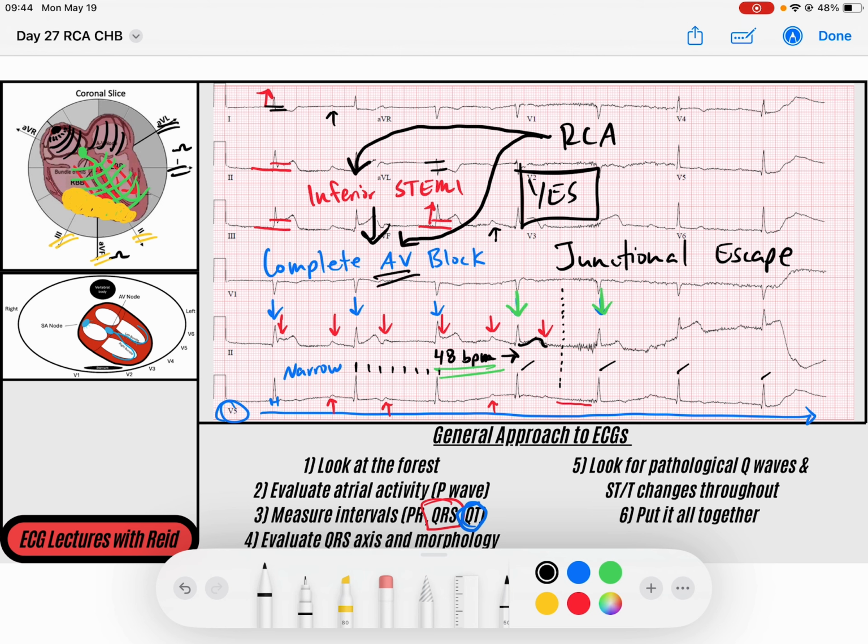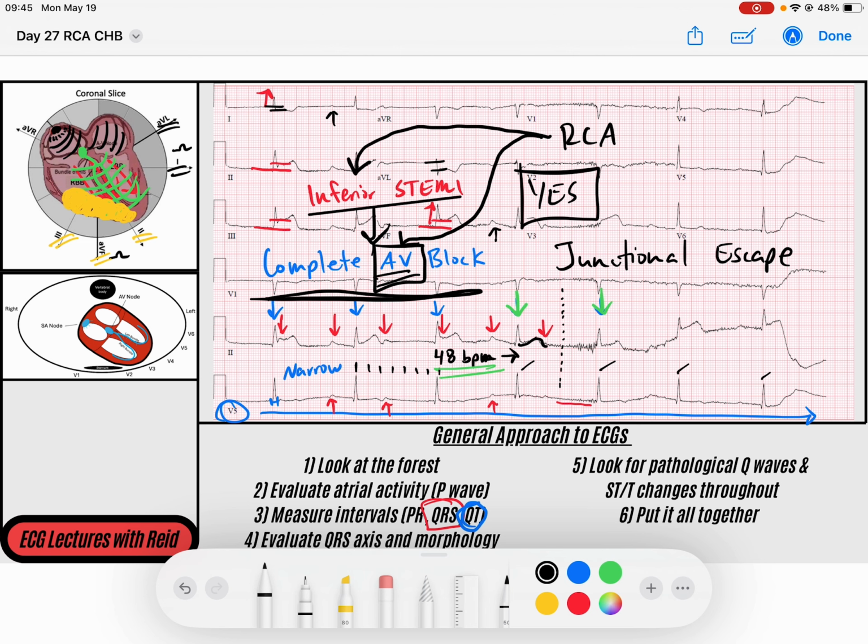So the right coronary artery supplies the inferior wall as well as the AV node. So if the blood clot that is causing this occlusion is also causing occlusion of the AV nodal blood supply, you can get both an inferior wall STEMI with AV nodal dysfunction. Sometimes that can be complete AV block. It can manifest as other blocks too, but in this case it's manifesting as a complete AV block.